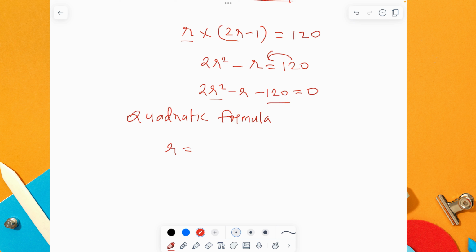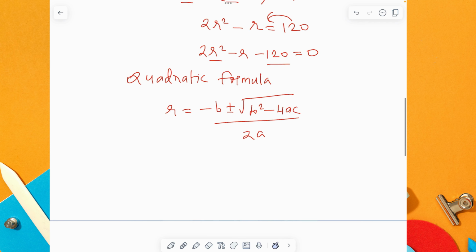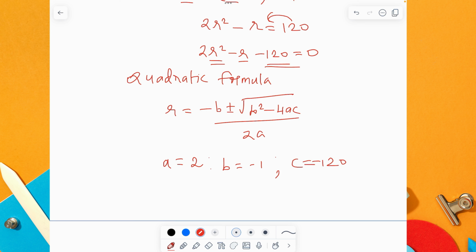So R is equal to, what is the quadratic formula? Minus b plus or minus root of b square minus 4ac by 2a. The coefficient of R square, that is a, is equal to 2, and the coefficient of R, that is b, is equal to minus 1, and there is only a constant, therefore c is equal to minus 120. Don't forget minus.